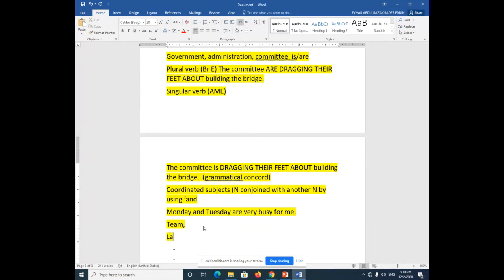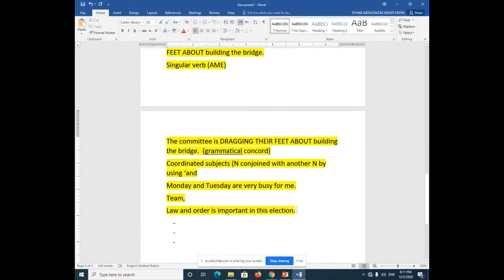important. I don't know if you have come across this. Law and order is important in this election. Notice with me, law and order. Here we have a coordinated subject, yet we used a singular verb, right?